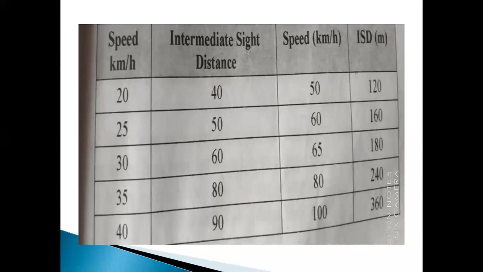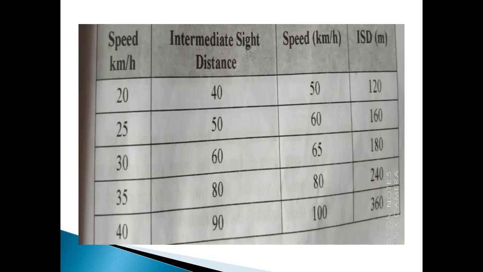When the speed is 30 km per hour, it is 60 meter. When the speed is 35, it is 80 meter. When speed is 40, distance is 90. When speed is 50 km per hour, it is 120 meter.